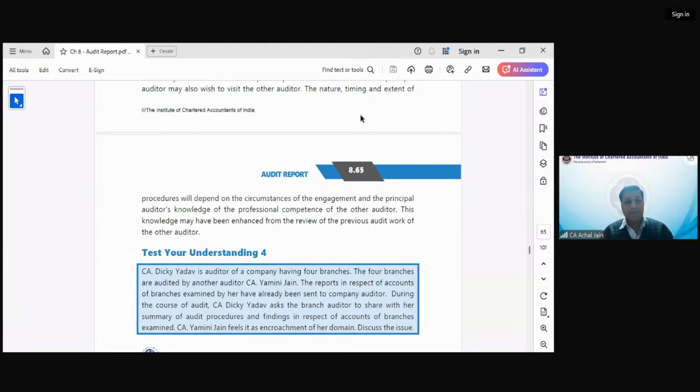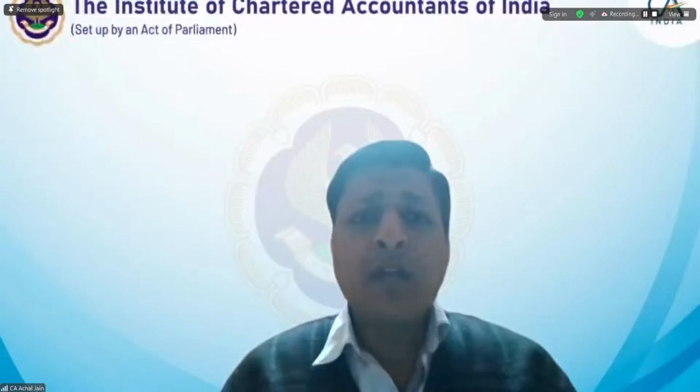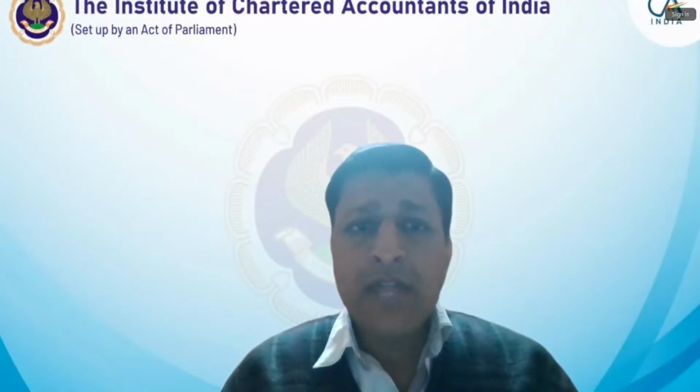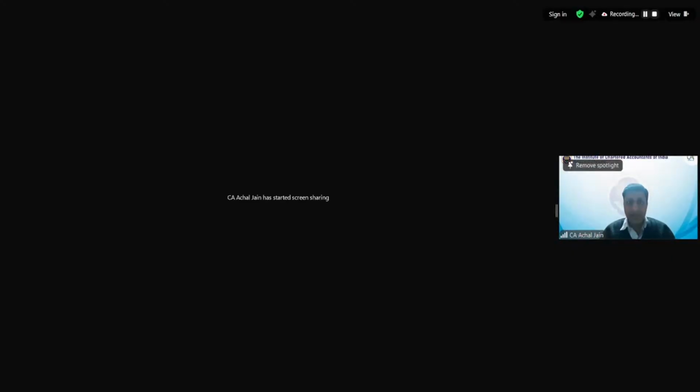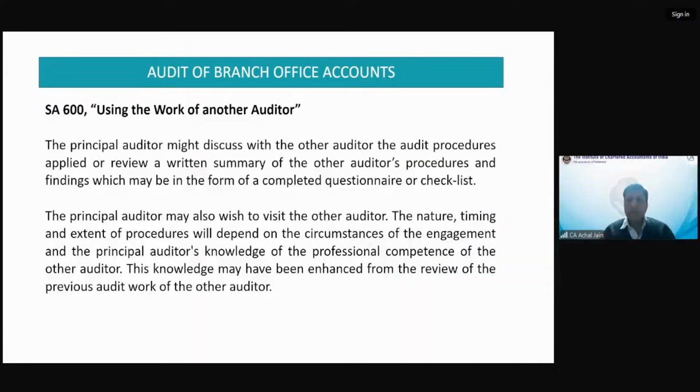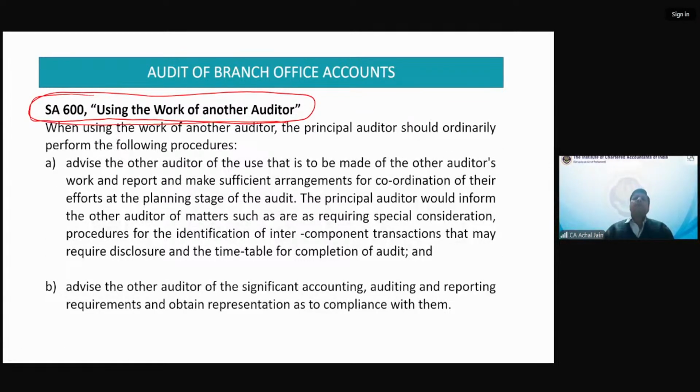Now in this context, let us go back to the presentation and highlight some things for your reference. If you look at the requirements of SA 600, what does it require? The principal auditor should ordinarily perform the following procedures. Advise the other auditor, meaning the component auditor, of the use that is to be made of the other auditor's work and report.